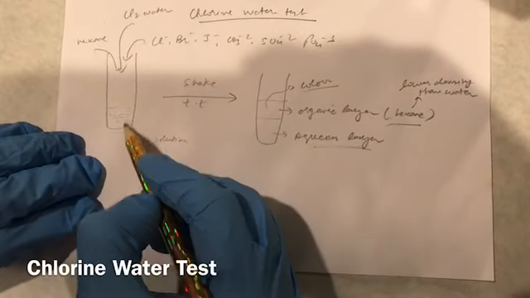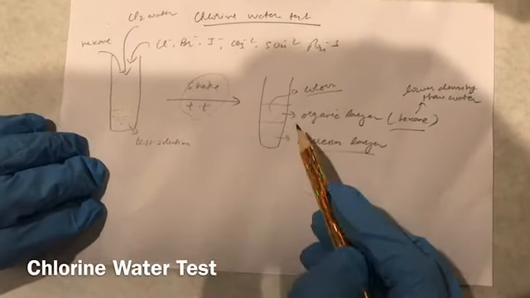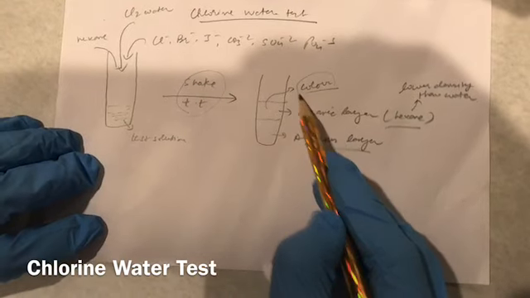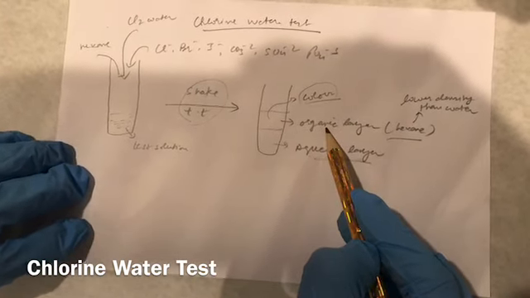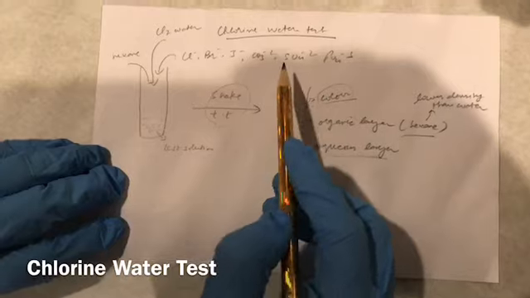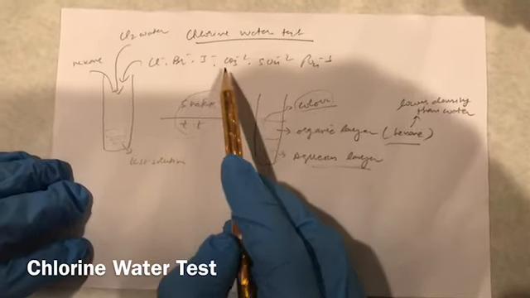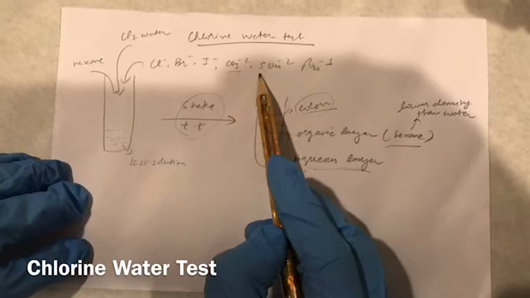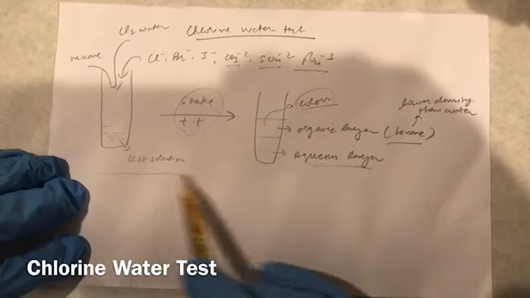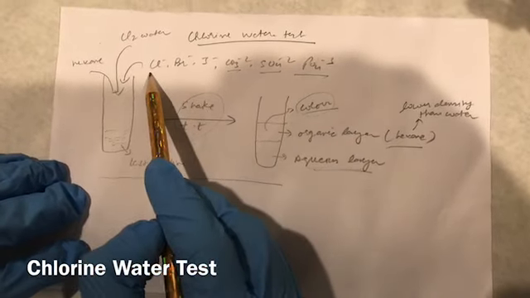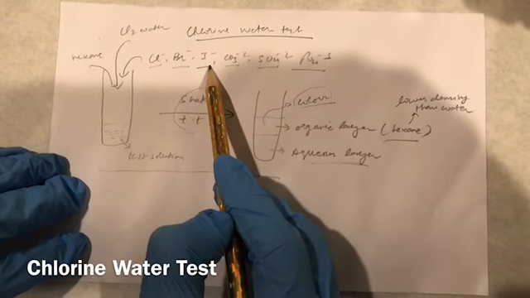After adding everything, you would again shake the test tube, then record the color in the organic layer. You won't be surprised if you see no change in carbonate, sulfate and phosphate, because this test is mainly for chloride, bromide and iodide.